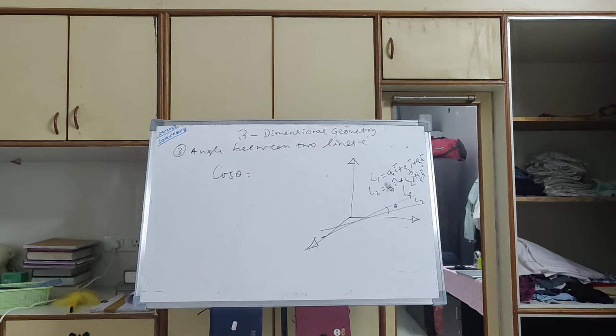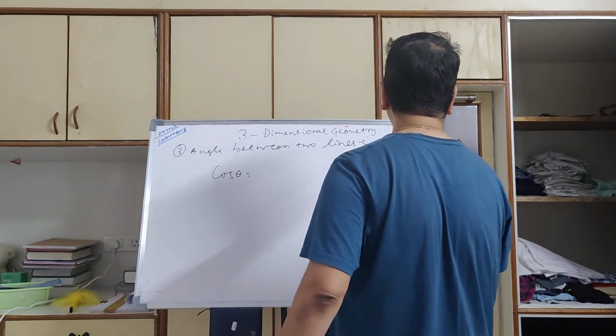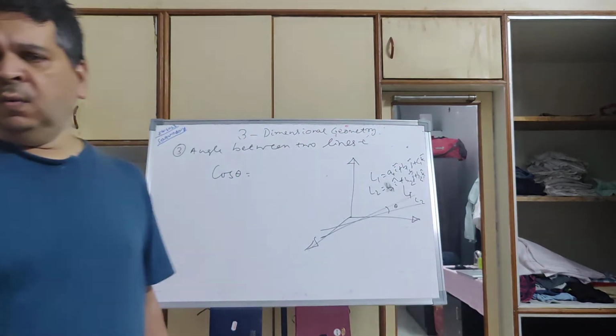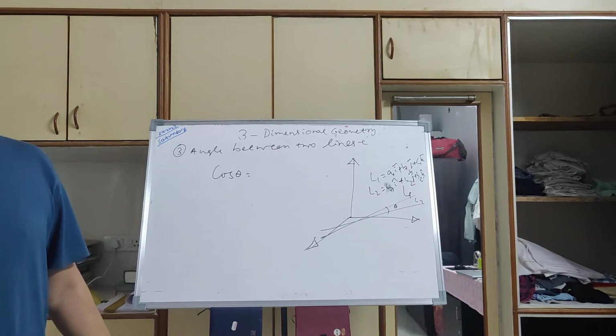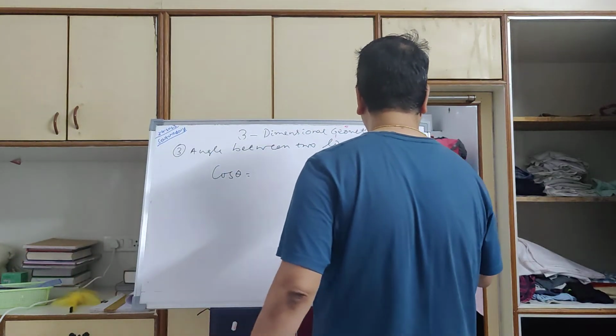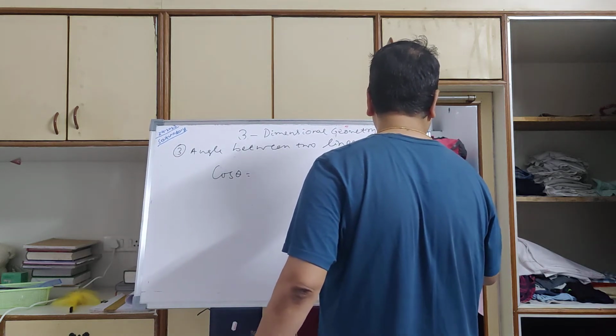So what they did, instead of writing A1, A2, A3, they have written it as A1, B1, C1. Let me write it as A1, B1, C1. 1 subscript is line 1, 2 subscript is line 2. So A2, B2 and C2. Correct? Any confusion here?